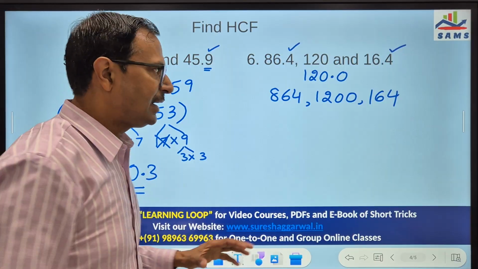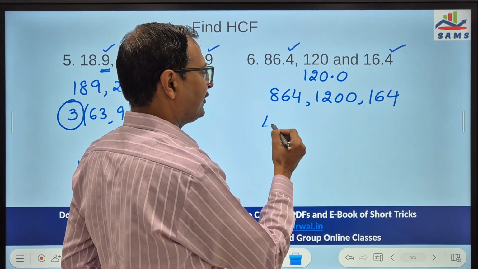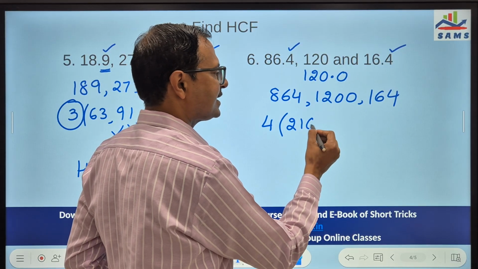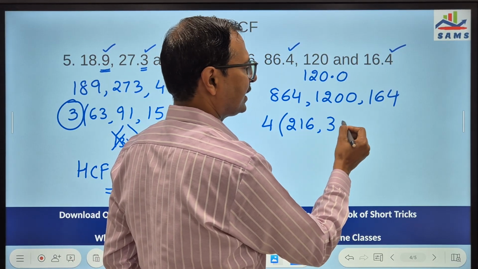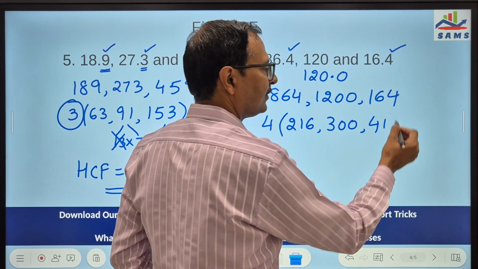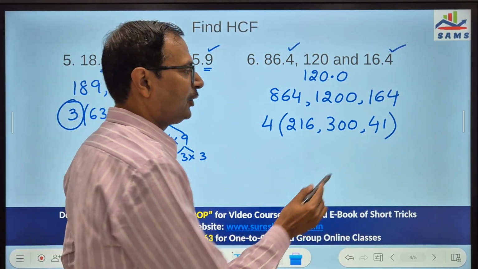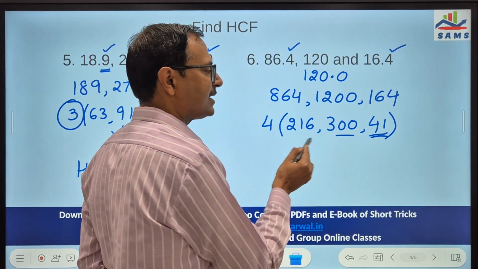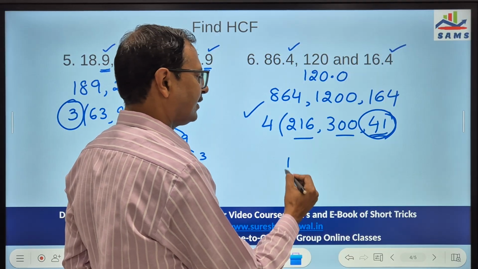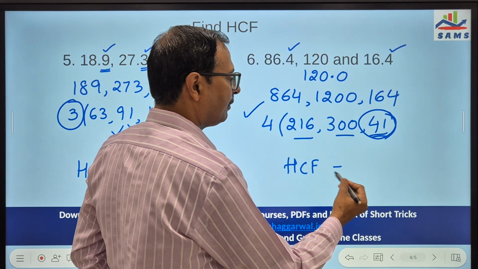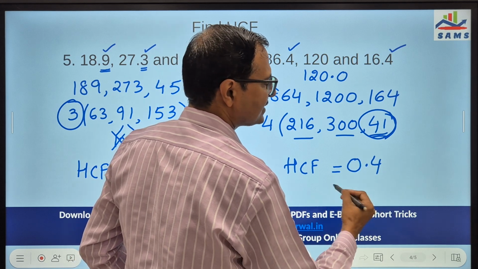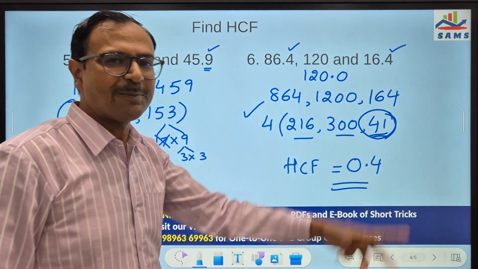Now you will see that if you extract the common factor 4, you will have 4 2s are 8, 4 3s are 12, and 4 4s are 16, right? Now 41 no way can divide these numbers, and 41 is a prime number, and therefore the highest common factor is 4 itself, but 1 digit after decimal will give you 0.4 as the HCF of the decimal numbers.